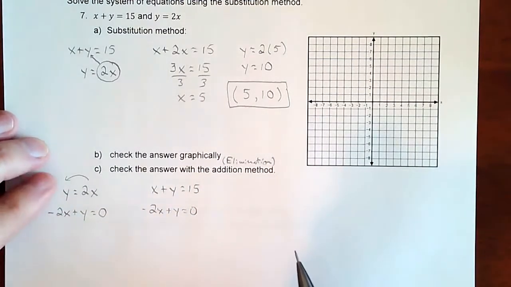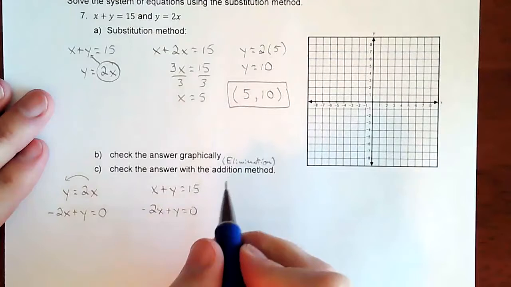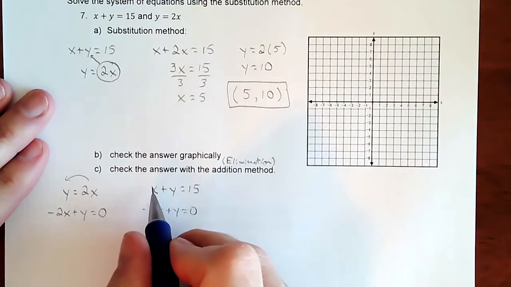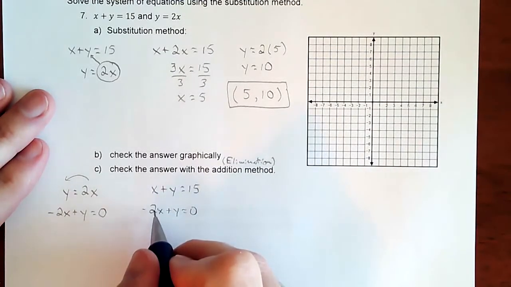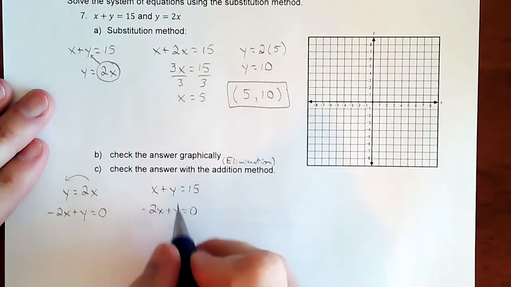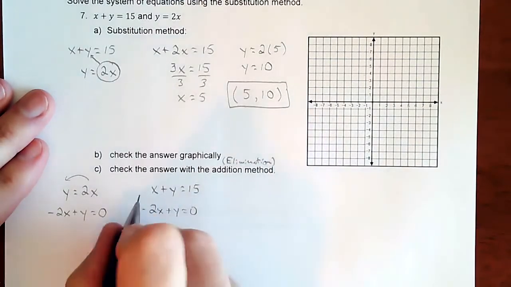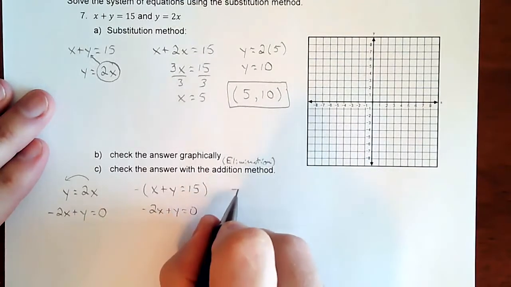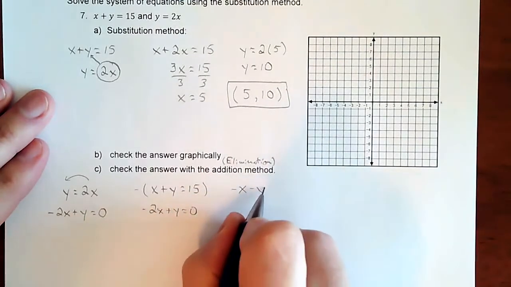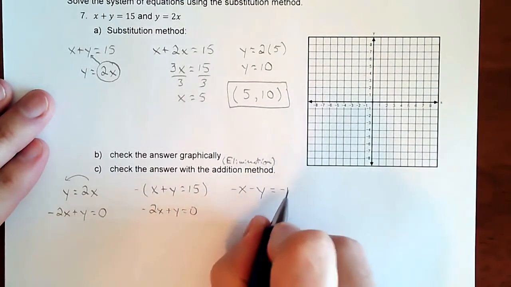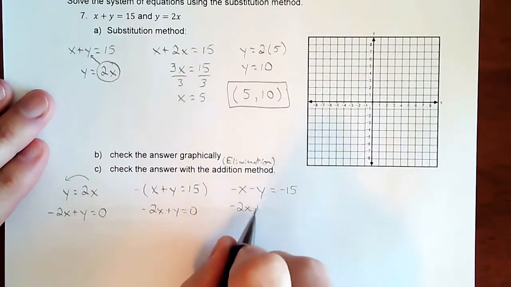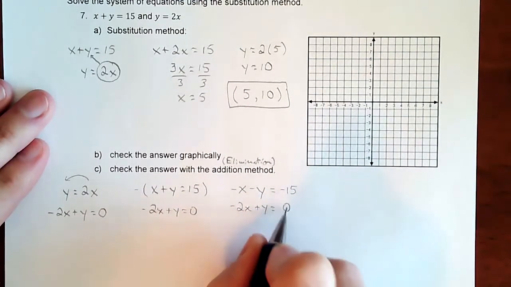Okay, and then from here we solve it like we normally solve with elimination: we try to get one of the variables to cancel each other. I do like that one x is positive and one x is negative, but I like that the y's pretty much match other than their signs. So I could take a negative and distribute it to the top equation, which would make negative x minus y equals negative 15, and then negative 2x plus y equals 0.